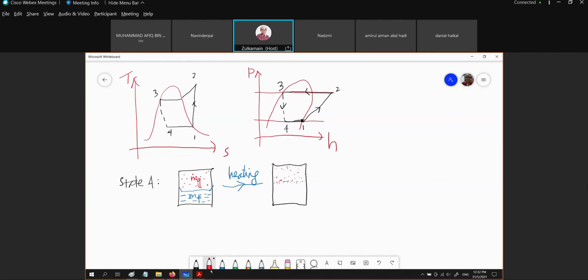And then what happened? The part for the mf will be reduced. So this is the part where we reduce the mf.